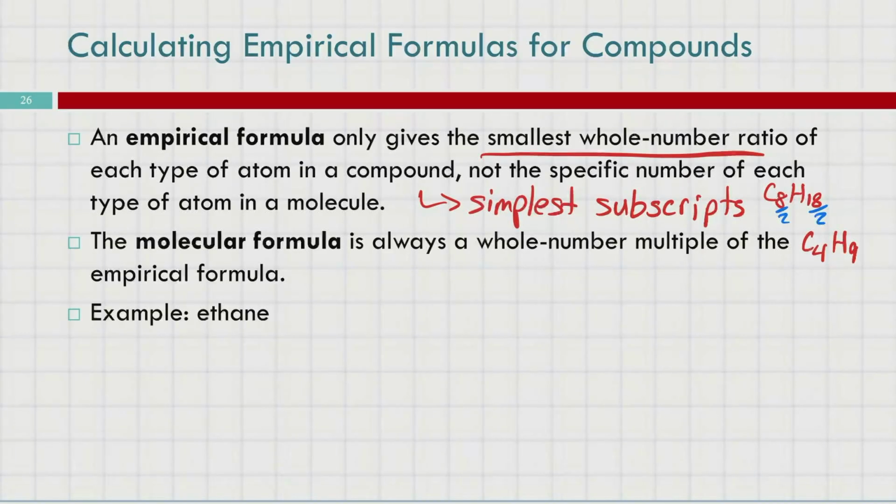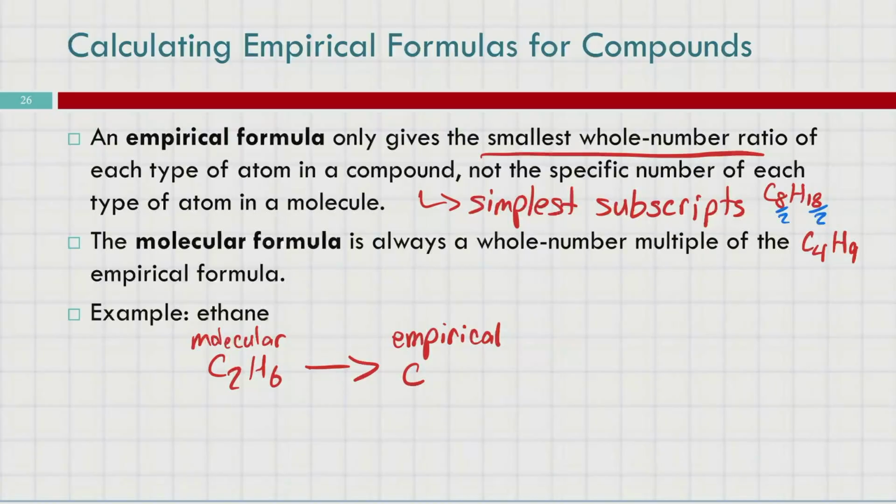Another example would be ethane, C2H6. This is the molecular formula for ethane. We could turn it into the empirical formula by dividing both of those subscripts by 2.